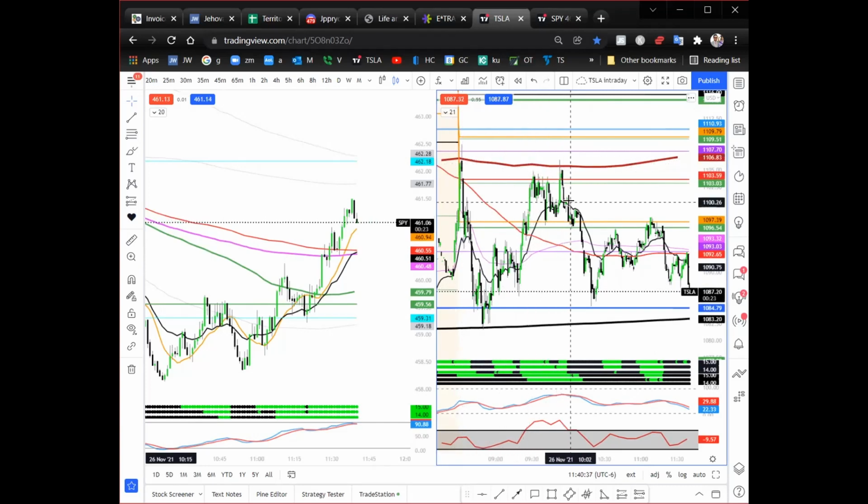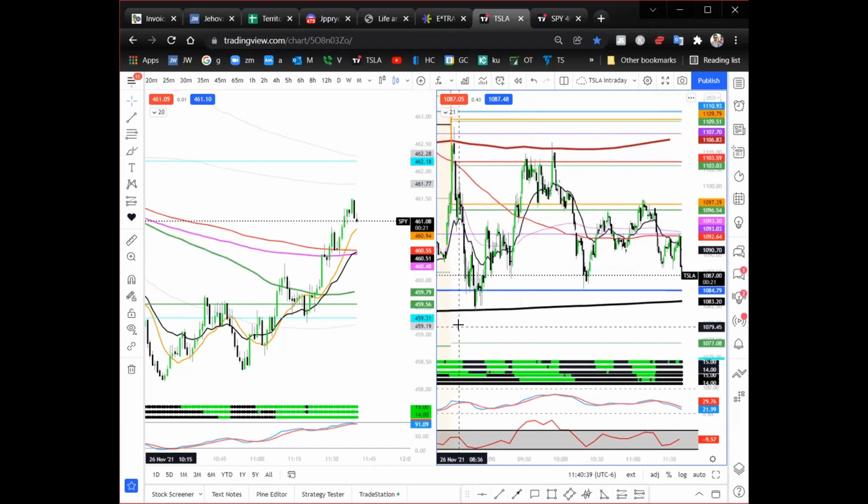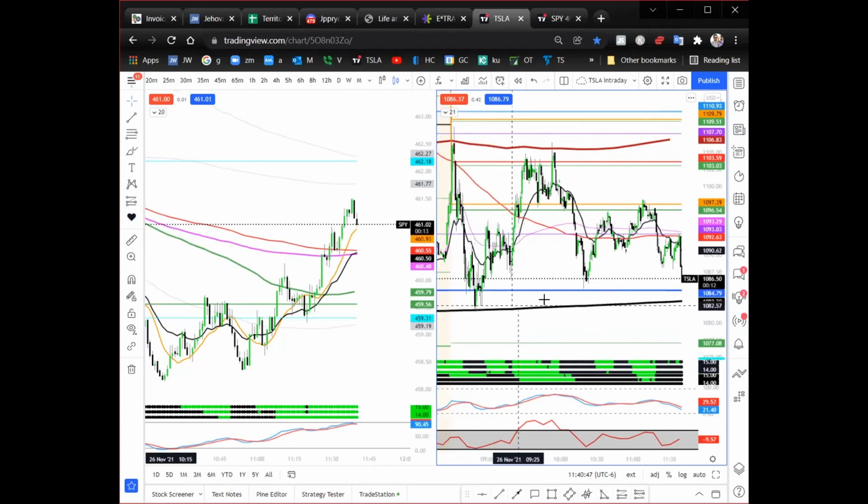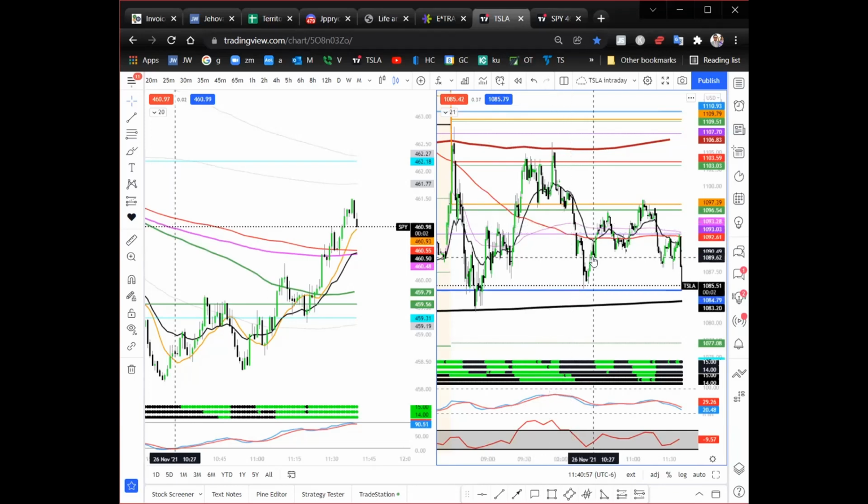Rejected on it here, rejected on it here. This big one down here should be the 13 MA daily. This blue right here is an algo, and this is a VWAP.